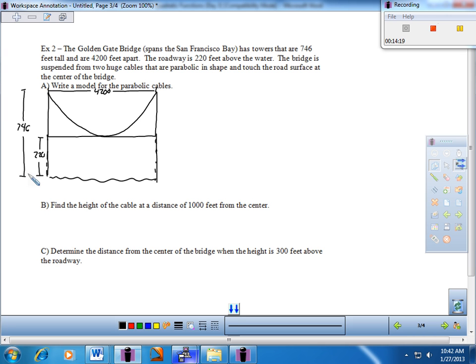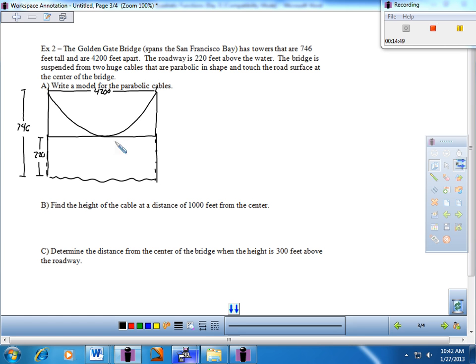So we need to model this, and we're going to model it algebraically. And remember, you're basically going to superimpose a coordinate plane directly on top of your little diagram sitting on your paper. You can do this any way you'd like. I just happen to believe you probably want to make it as easy as possible for yourself.